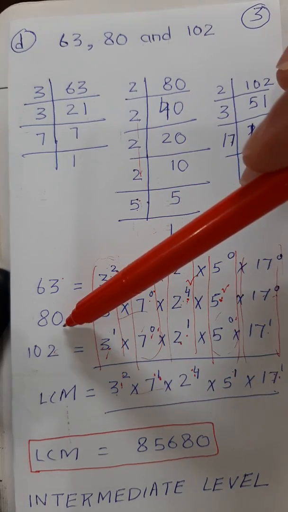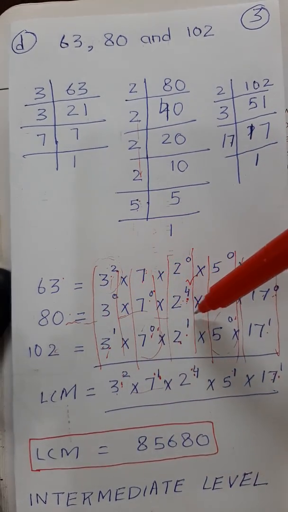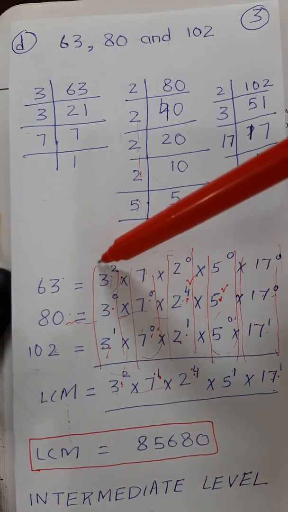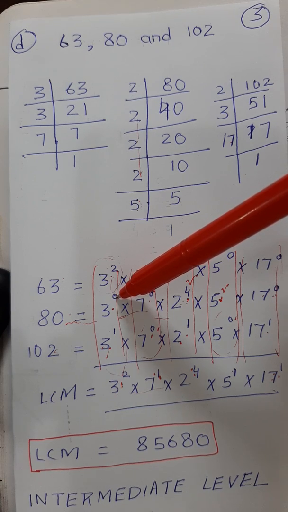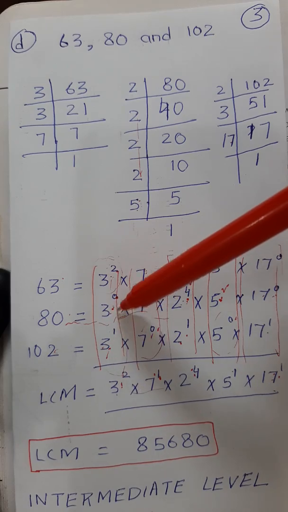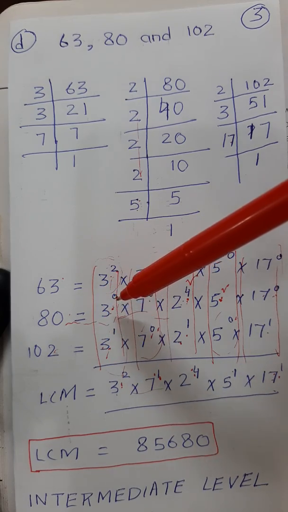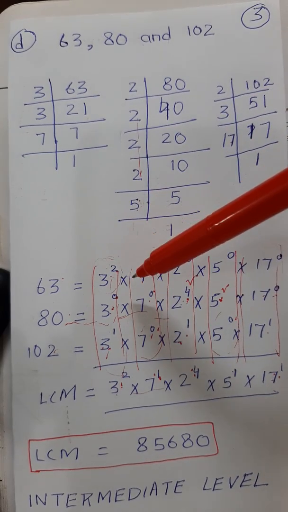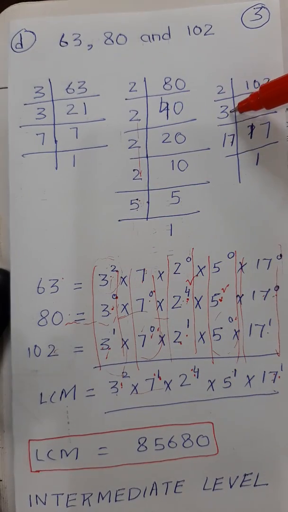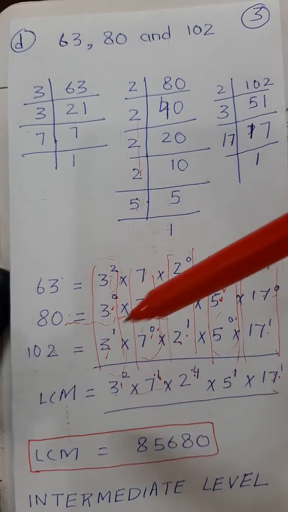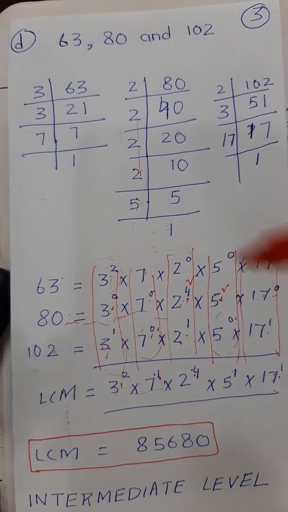So in line of the factors of 80, write down 3 in the column of 3 but with power 0, instead of leaving it empty, because 80 doesn't have any factor 3. Now look for the factor 3 in factors of 102. You have got 3, enter 3 in factor of 102 in the column of 3. The column of the factors 3 is complete.